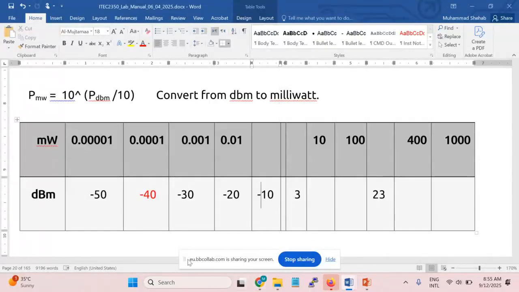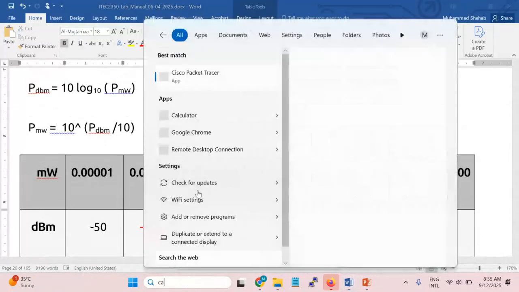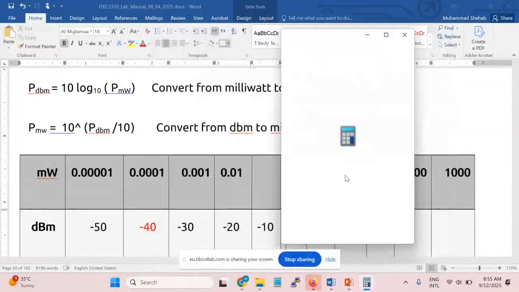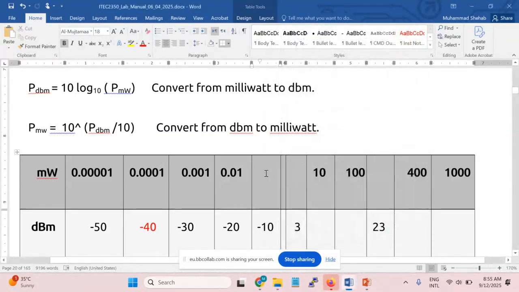So I have the dBm and I need to convert it to milliwatt. I'll use the calculator. Minus 10 divided by 10 equals minus 1. I will take 10 power this value, 10 power minus 1 equals 0.1.